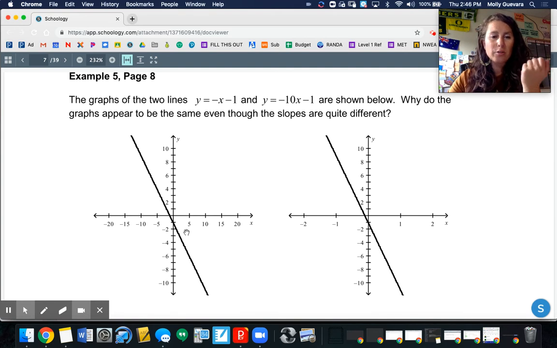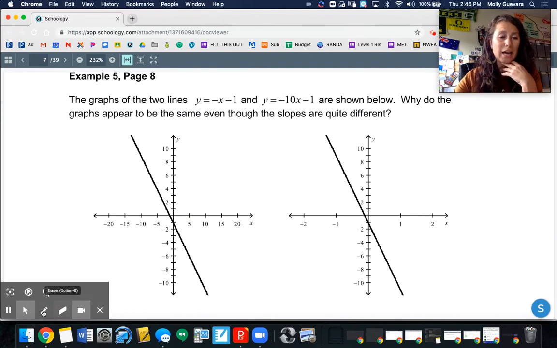And if you look really closely, you'll see that the scales on these graphs are totally different. Here my x-axis is scaled by 5s. Here my x-axis is scaled by 1s. So just noticing the difference that something like that can make.